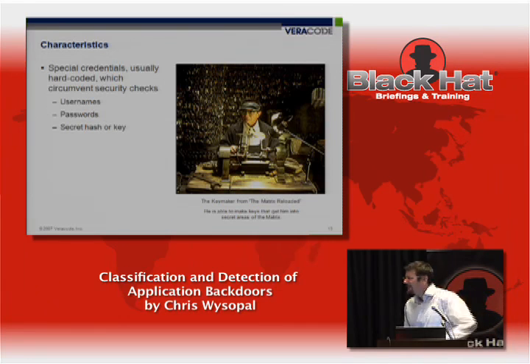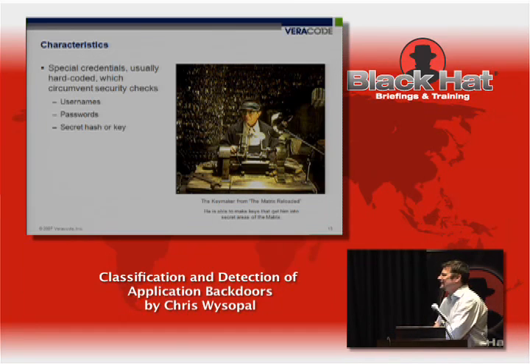It's interesting that backdoors show up a lot in popular culture, and in the Matrix, the key maker basically knows he can make keys to all these backdoors that are in the Matrix because he knows where they are. So essentially, that's what a special credential backdoor is.